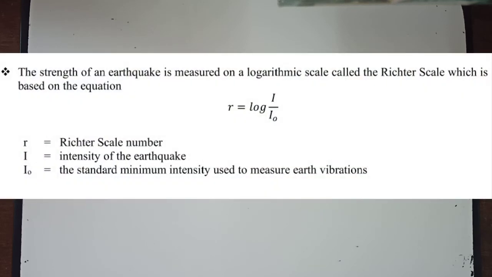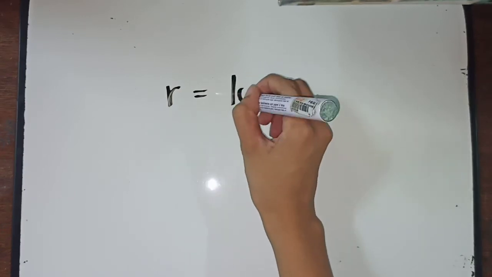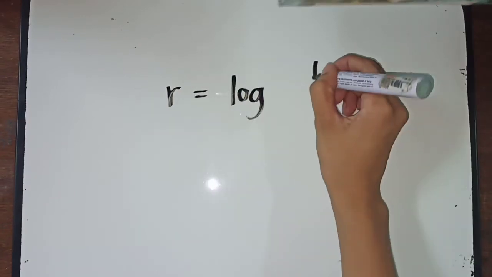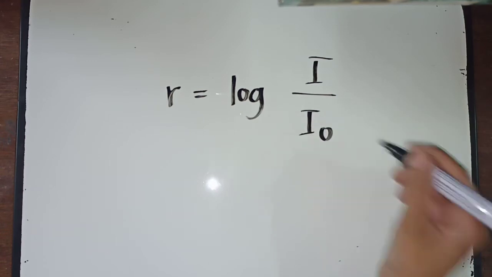The strength of an earthquake is measured on a logarithmic scale, which we call the Richter scale. In the Richter scale, we have this equation: R is equal to the logarithm of I over I sub 0.